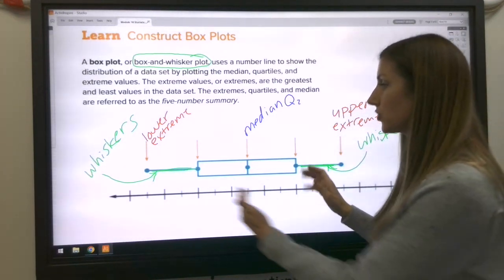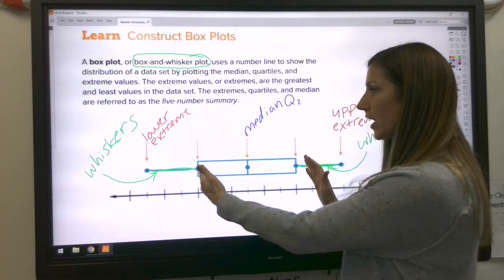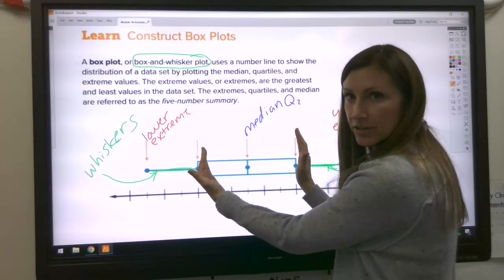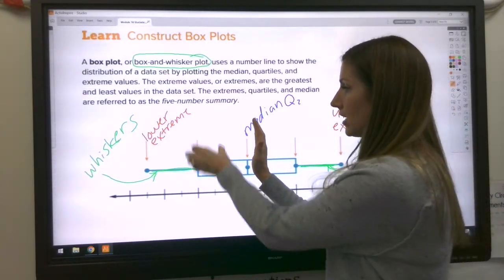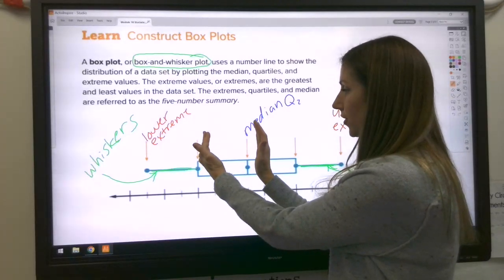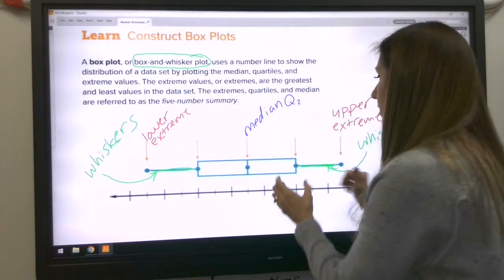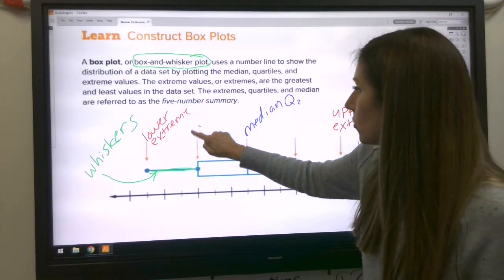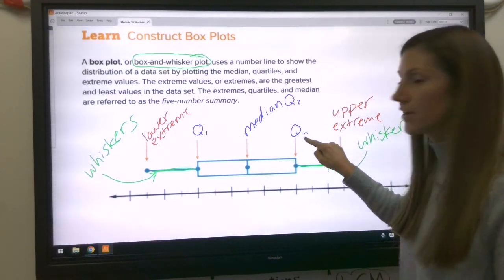And then your data goes, if this is halfway, and this is your smallest and this is your largest, these two pieces are cutting your data into fourths. So you have your 50%, and then to make your other chunks, your 25 and your 25 and your 25 and your 25. So this is your quartile 1, and this is your quartile 2.